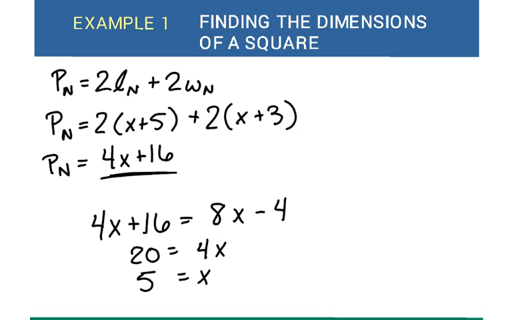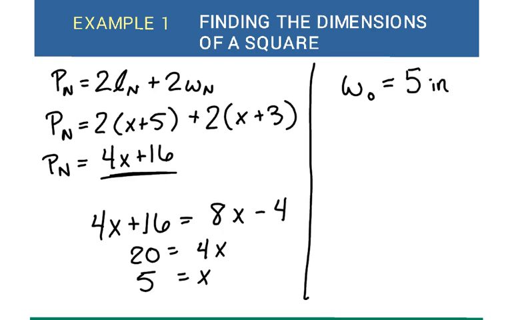Now if you remember from a previous page, our original width was just simply x. So x is equal to 5, so our original width is 5, and it's measured in inches.